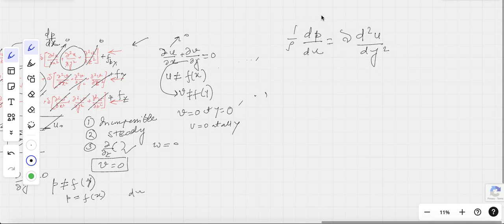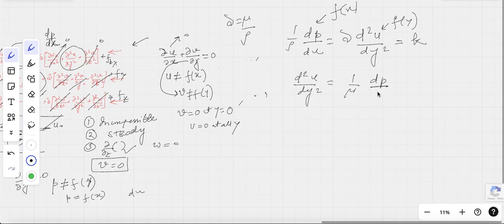Now p is a function of x only, u is a function of y only, so these two should be equal to a constant, right? We know nu, which is the kinematic viscosity, is mu by rho, so we can write it as d square u by dy square equals 1 by mu dp by dx.